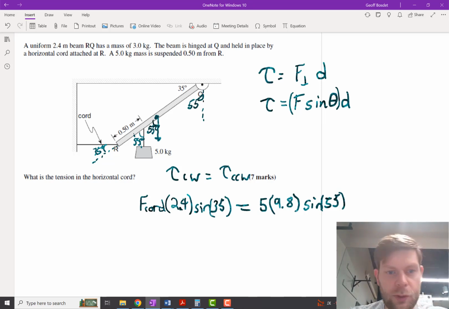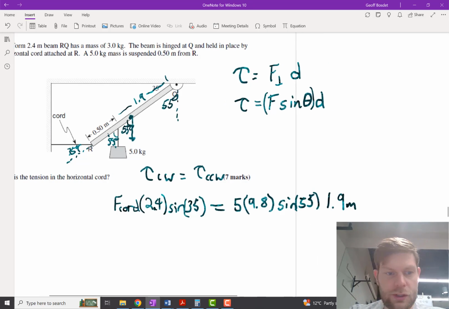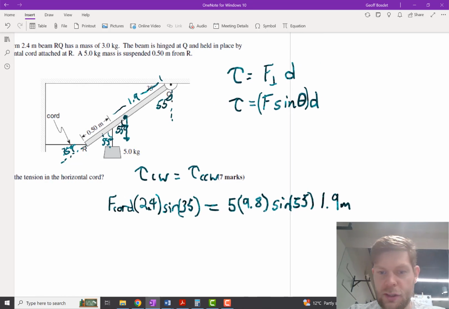We'll find that component, or perpendicular component. And we also need the distance from the pivot. Now, if the whole thing is 2.4 meters and we're 0.5 meters from the end, that leaves us with 1.9 meters away from the hinge. So that's our mass here.